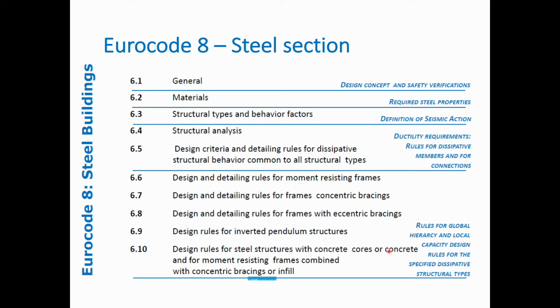And as you can see, there are some detailing rules for moment resisting frames, concentric and eccentric braces, as we discussed before. The inverted pendulum structures, which we haven't discussed much, are the simplest concept. And some design rules for concentric braces, combined concentric braces and infills, as we saw before in one slide very briefly.